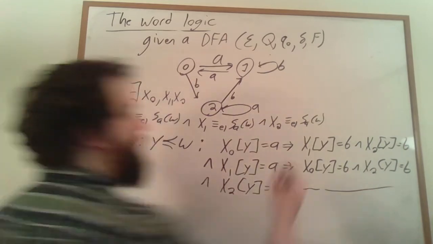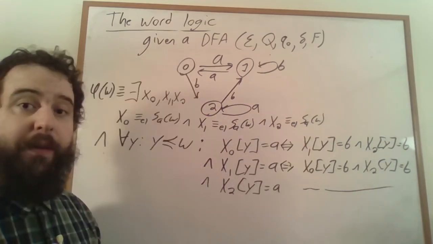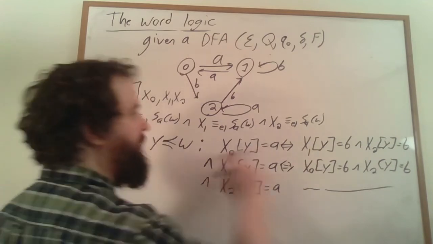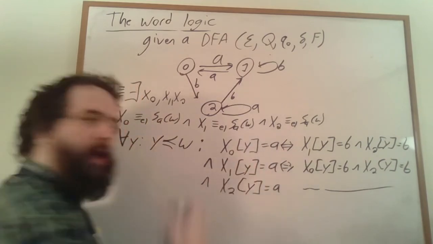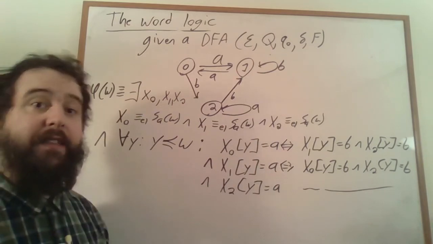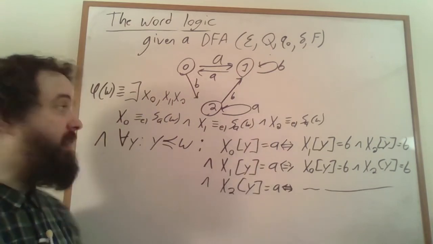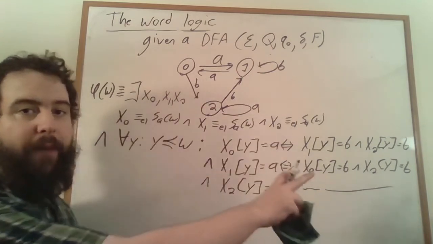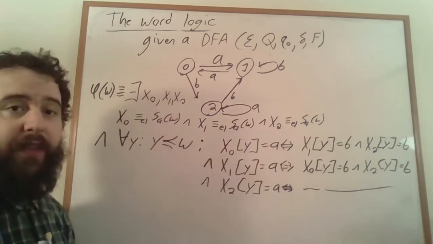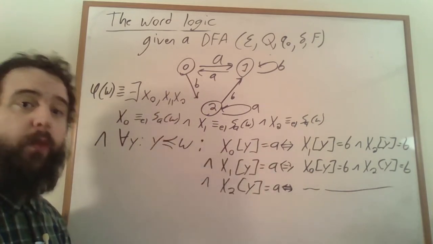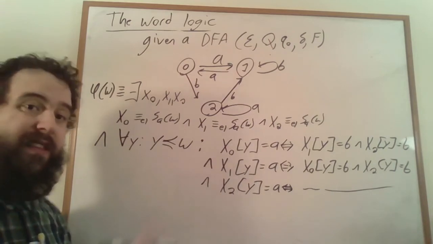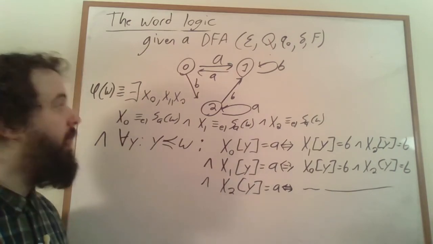And this is actually going to be an if and only if. We want to make sure that exactly one of the characters at position y of each of our x's is equal to a. So this sets up the basic premise that x0, x1, and x2 together represent a run of our automaton in this representation that we've picked.